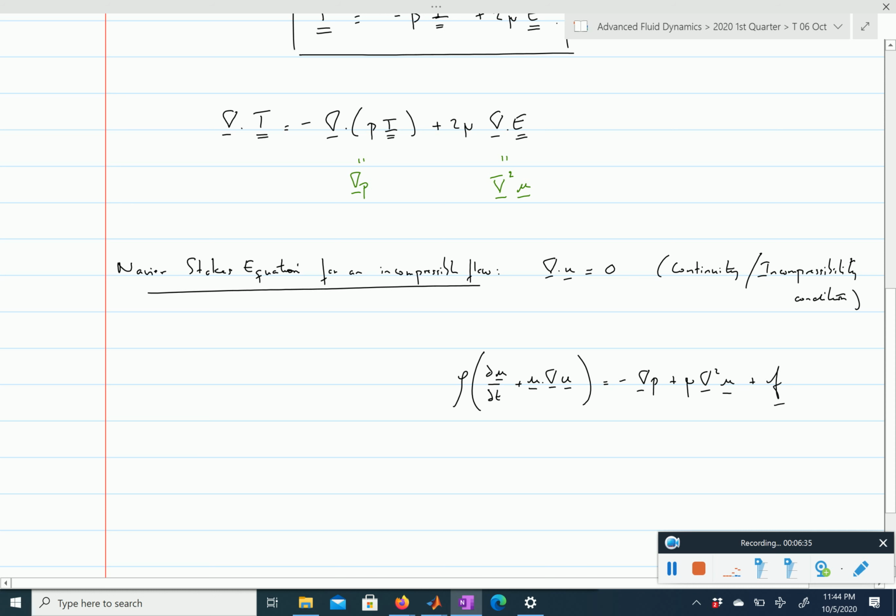And this here is the momentum equation. All right, so we finally finished our derivation of the Navier-Stokes equation.